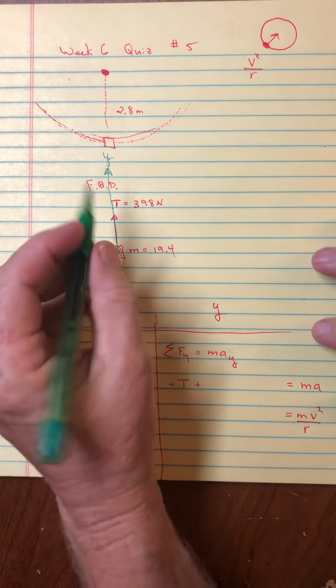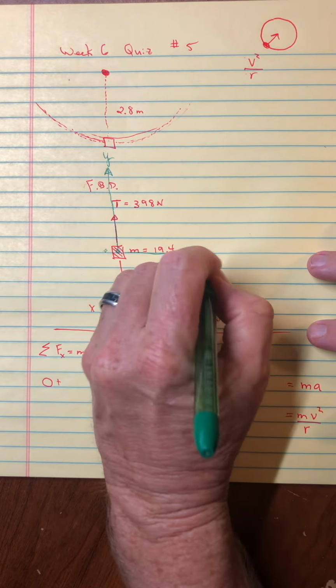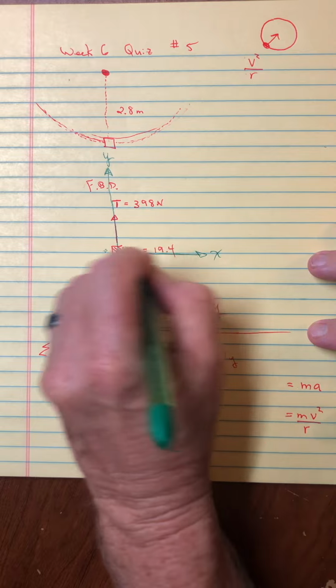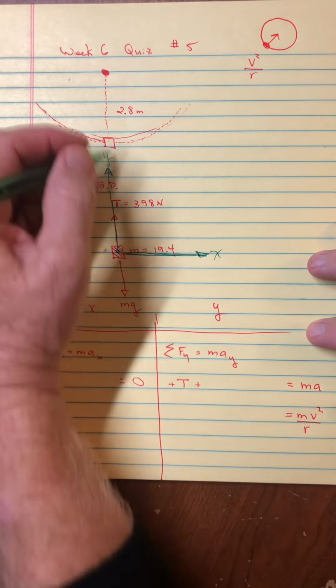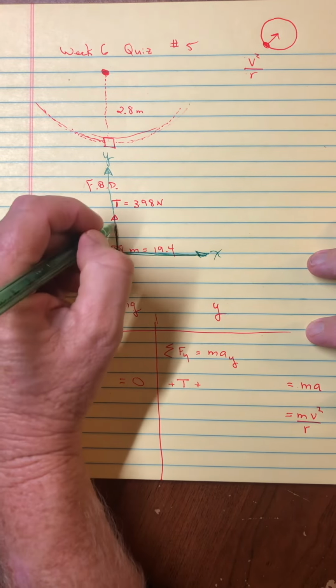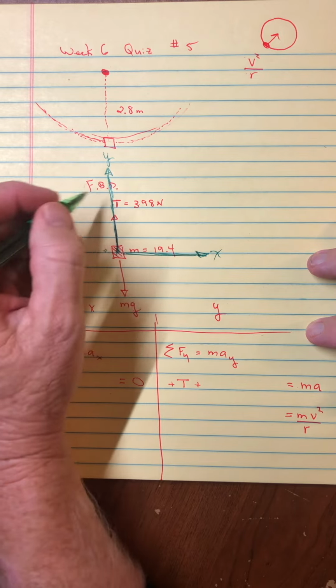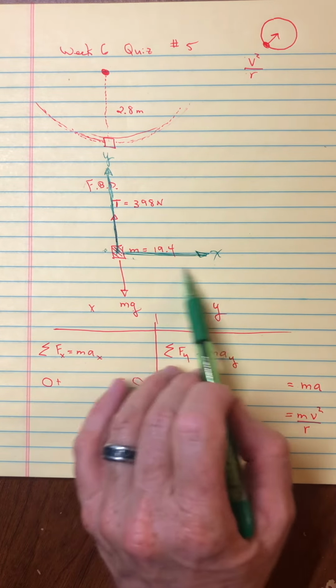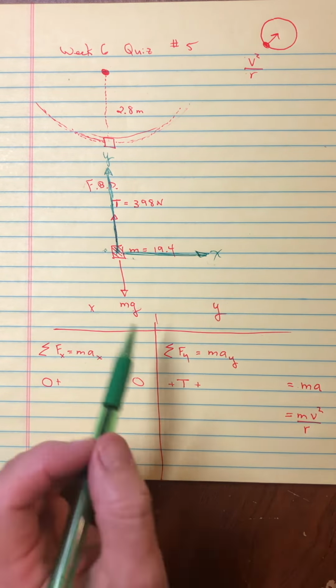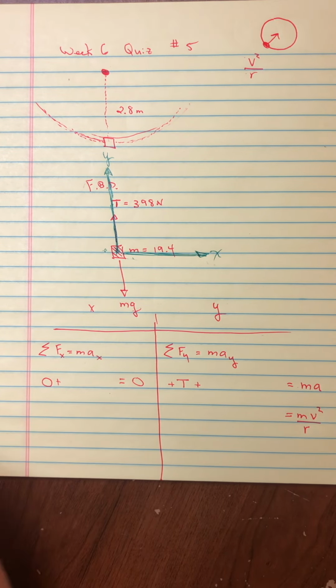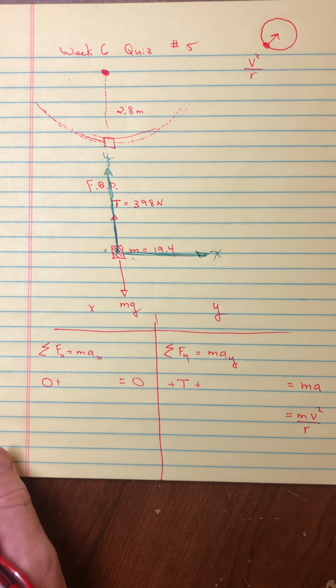Oh, I guess I didn't draw an x direction in my diagram. But once I chose the y, the x has to be perpendicular to it. And I'll make, again, the positive towards the right like tradition. I guess I could have made it that way, but I don't see any purpose of doing that. So I'll stick to the tradition.